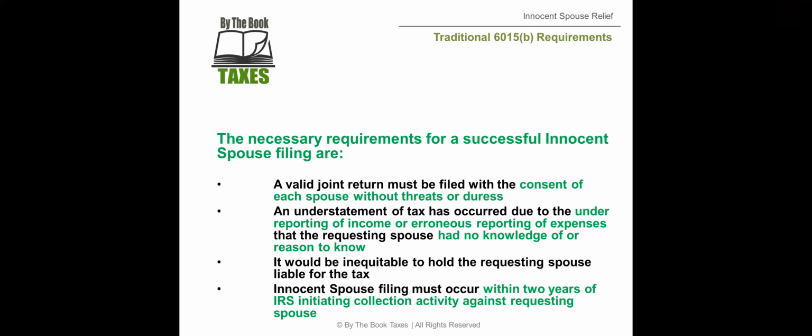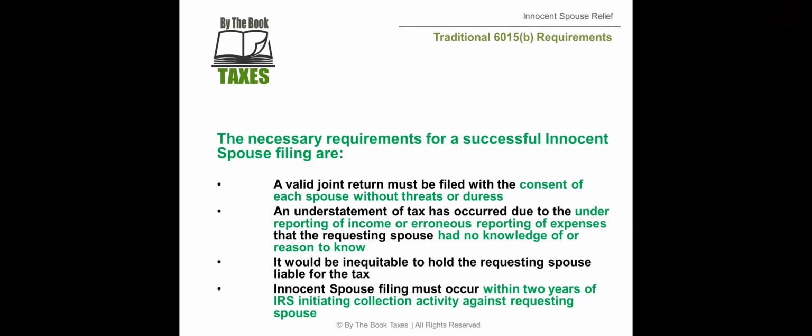And what is defined by valid is that each spouse knows a joint return is being filed and it is not being filed under any duress or threat. It must be with the consent of both parties. That is the number one requirement.